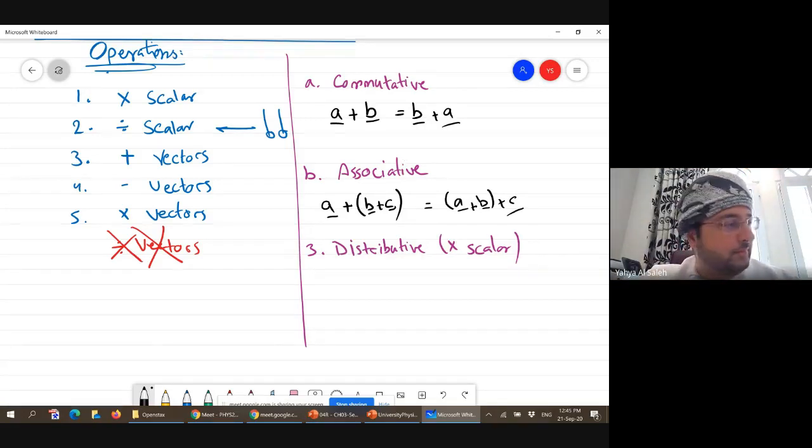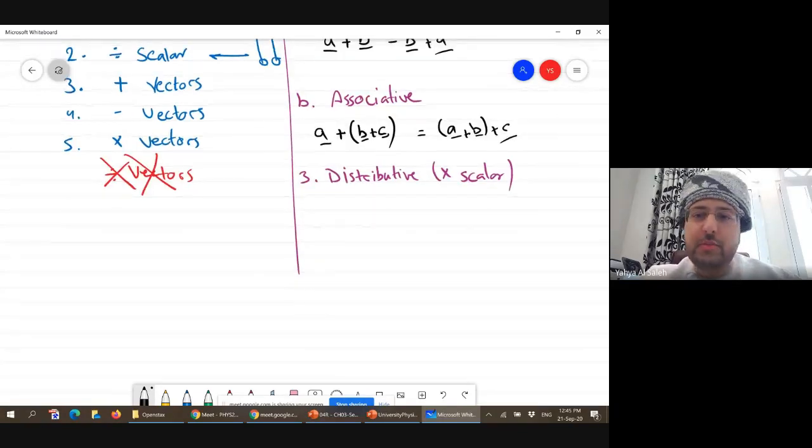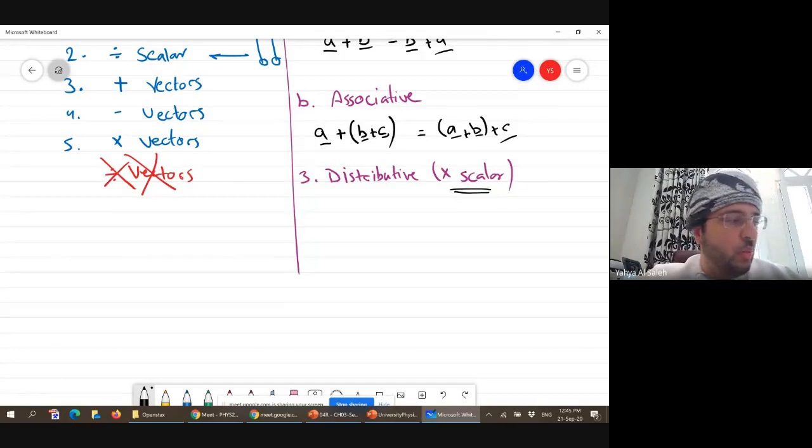So far, so good. Now, distributive has an important addition to it, only when by a scalar.